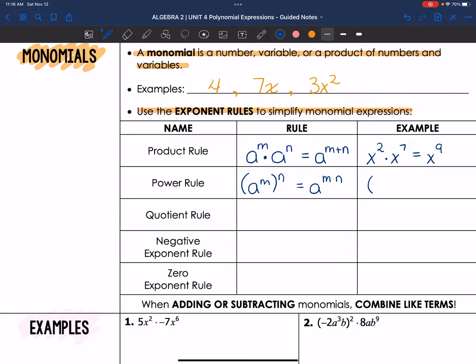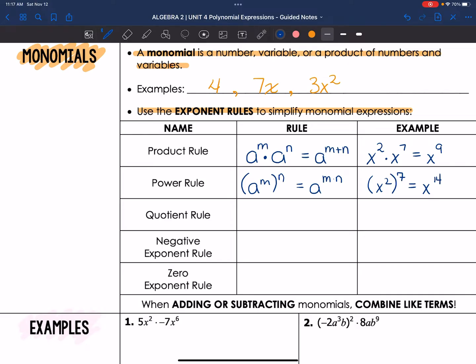So if we had x squared and then that was raised to the 7th power, then we would simplify this as x to what power, you guys? That would be, when multiplied, to the power of 14. That is the power rule. A power raised to a power. Make sure that you multiply them.